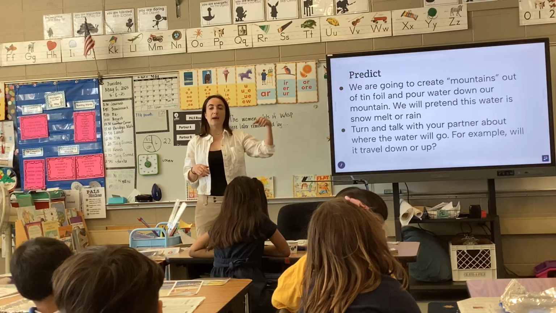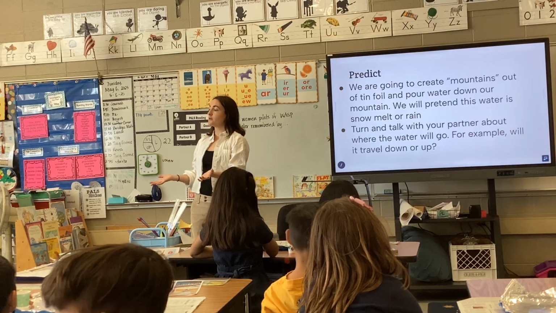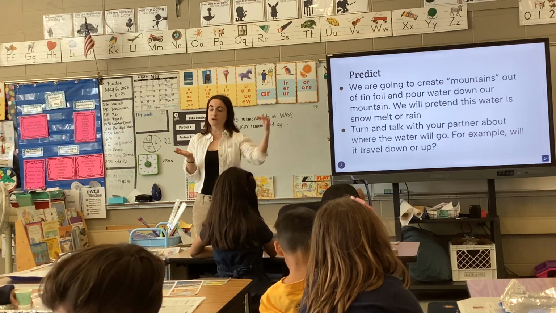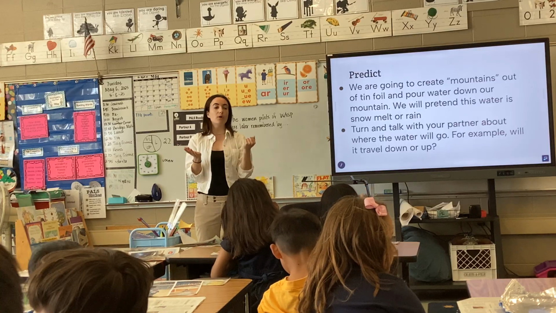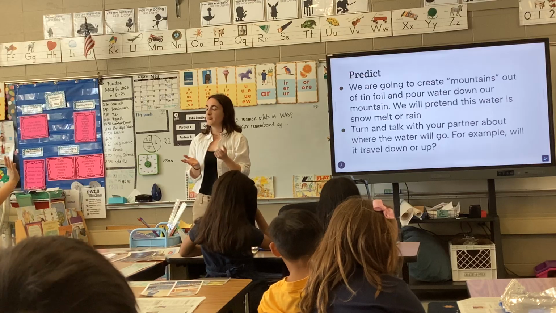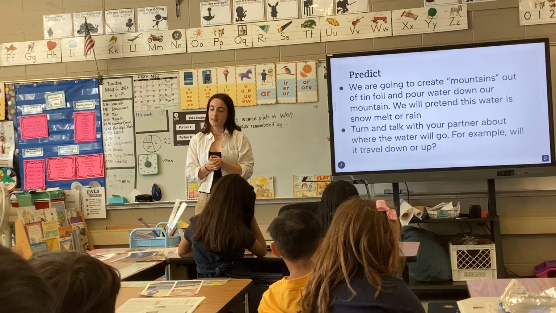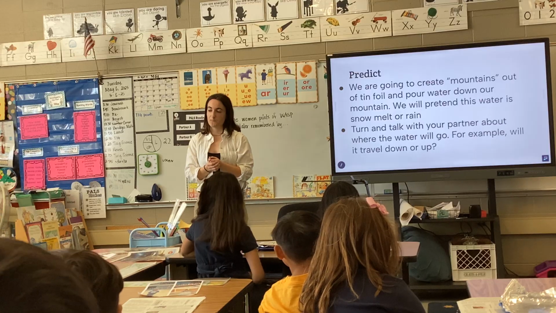And we're going to imagine that our water is rainwater on a mountain going downward into a stream or a river. Or we're going to imagine it's snowmelt. Does anyone know what snowmelt is? Hamilton? It's like snowing, and then when the sun hits it, it's going to dissolve into water. Mm-hmm.